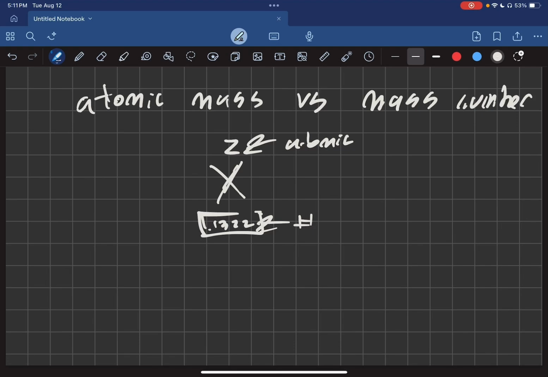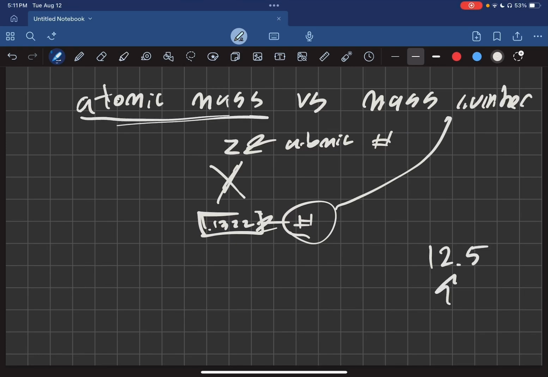And you're like, what number is this? What am I looking at down here? It's not mass number, and you might be able to tell pretty quickly that it's not, because it'll be some weird decimal, like 12.5. You're like, I know a mass number is not going to be 12.5. It is actually the atomic mass. That's what you're looking at down there.